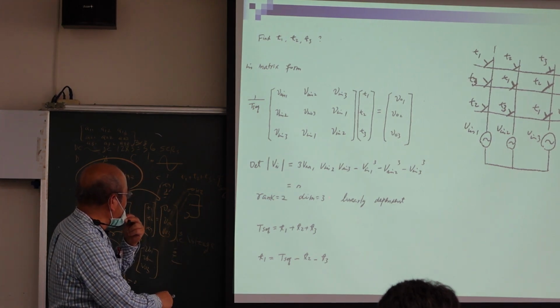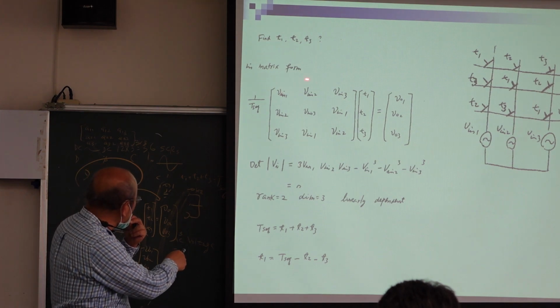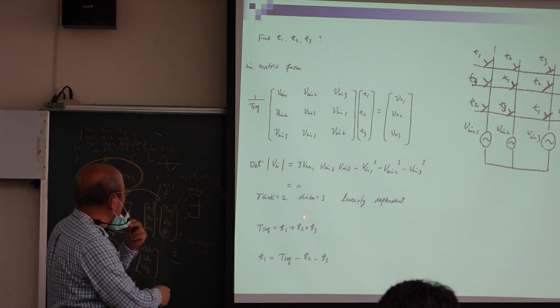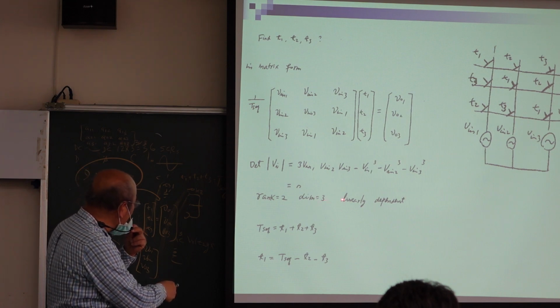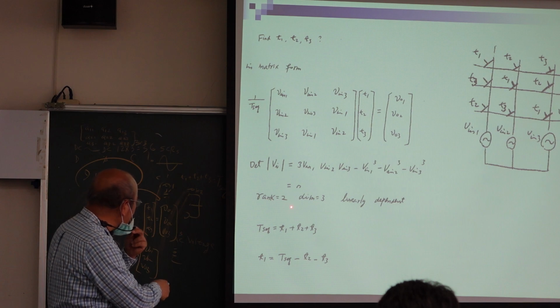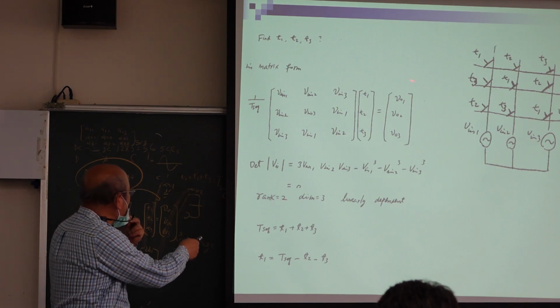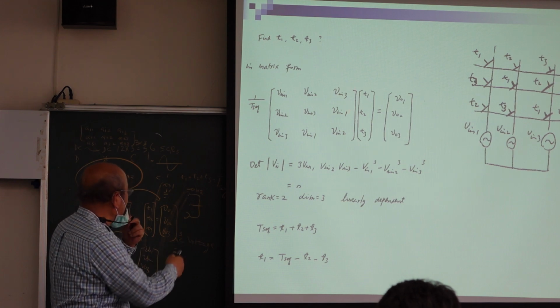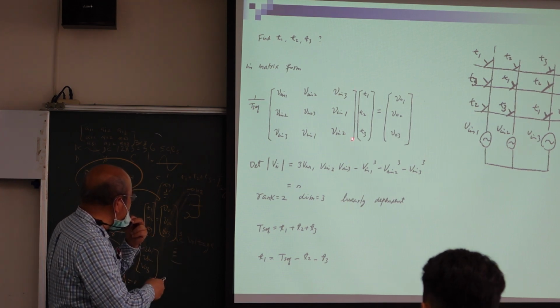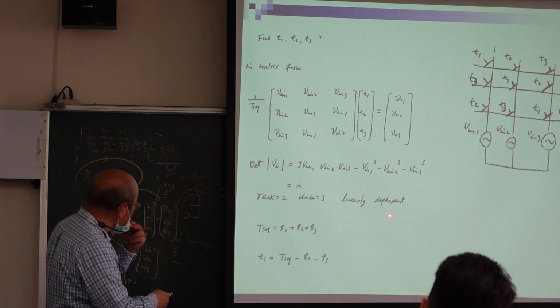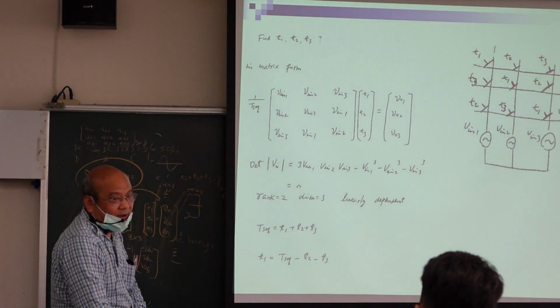Finally, he said this is linearly dependent. We have 3 dimensions, but we only have rank 2, because the other equation relies on the combination of equation 1 and equation 2. So it is linearly dependent. If this is linearly dependent, we have no solution.